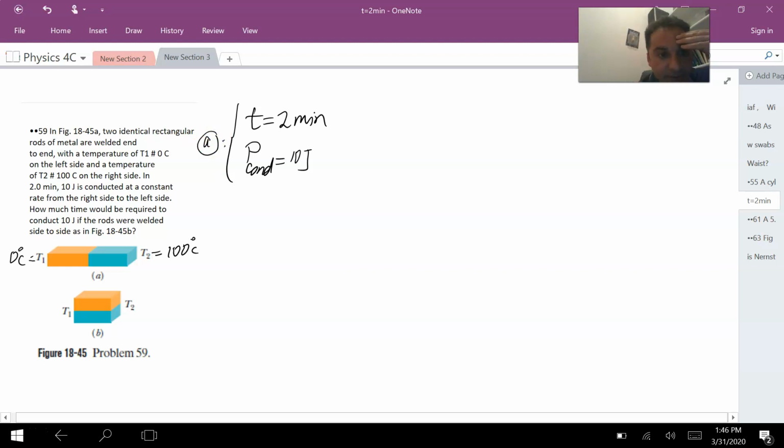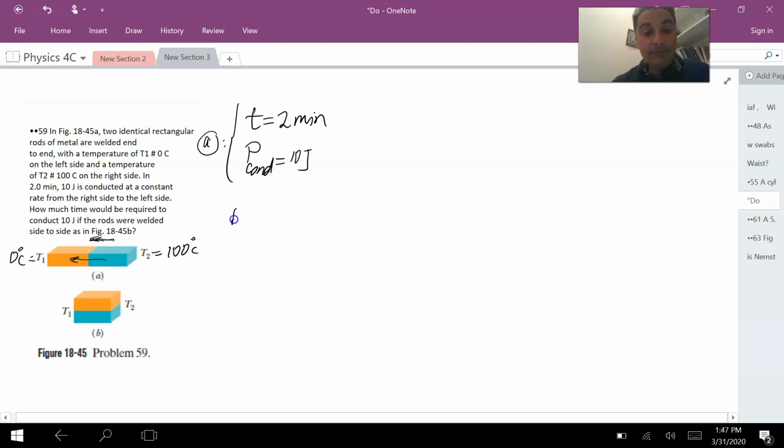At a constant rate, from the right side to the left side. So P transfers from this side to that side. How much time would be required to conduct?